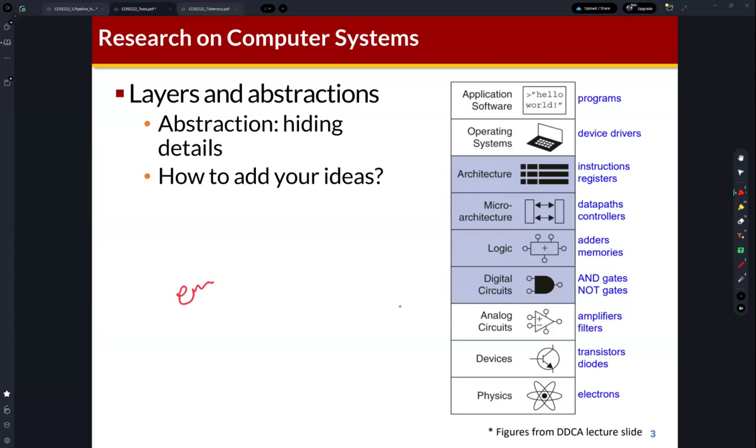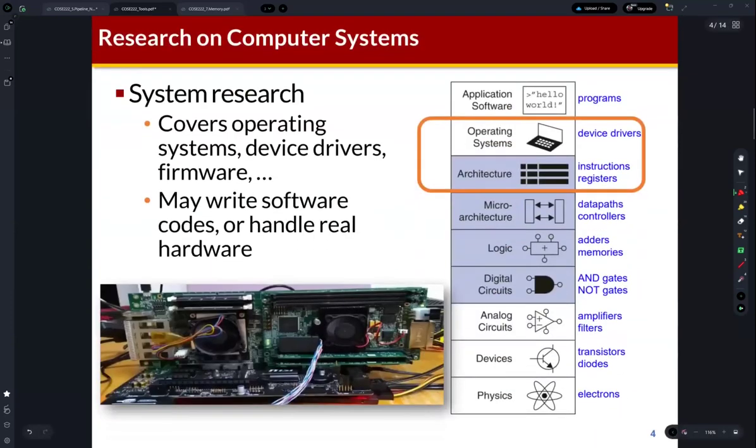Emulate means imitate, right? Imitate the behaviors of the hardware architecture. So we can use software like a simulator, modify it, and implement our ideas. So it is possible.